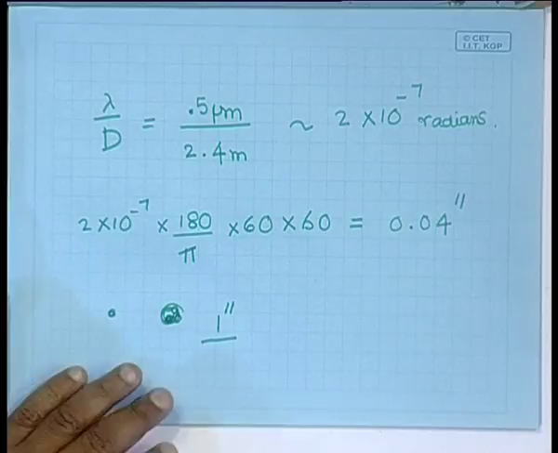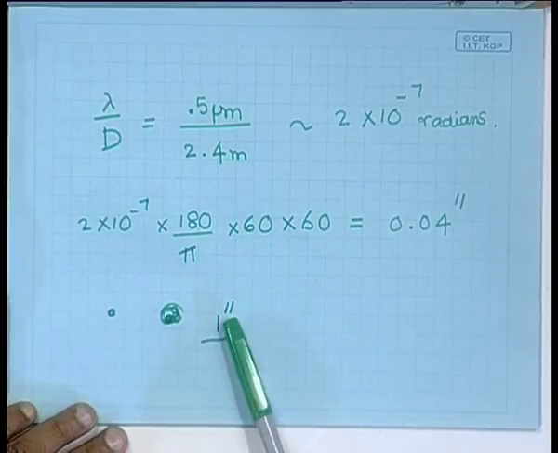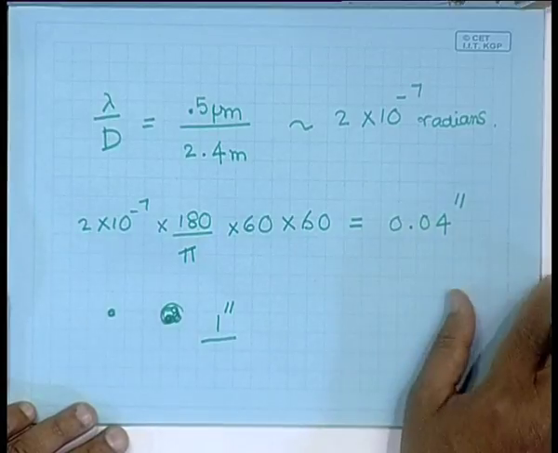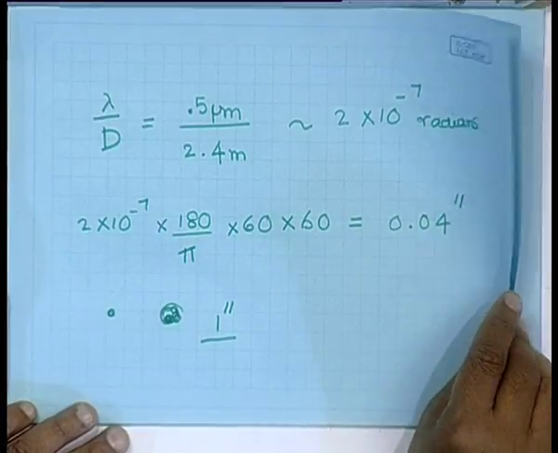So, if you want to achieve angular resolutions below 1 arc second, like 0.04 for the Hubble Space Telescope, you have to send your telescope outside the Earth's atmosphere. Let us now make another estimate. We have seen that the giant meter wave radio telescope has a diameter of 45 meters.